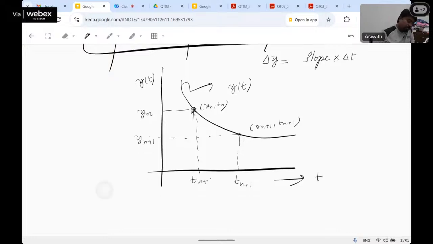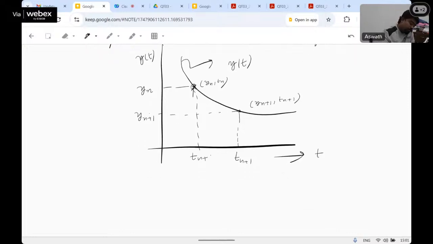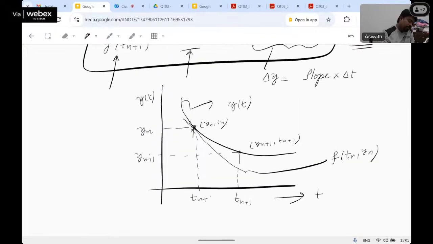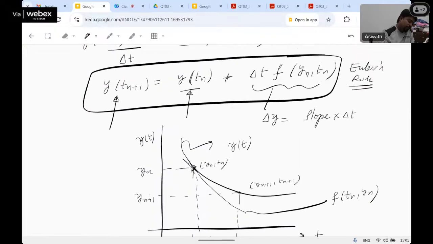So what Euler's rule is saying is, please draw a slope at this point. The slope is given by f of tn comma yn, or yn comma tn, doesn't matter, I'm just taking an order. The slope is the derivative of the function.